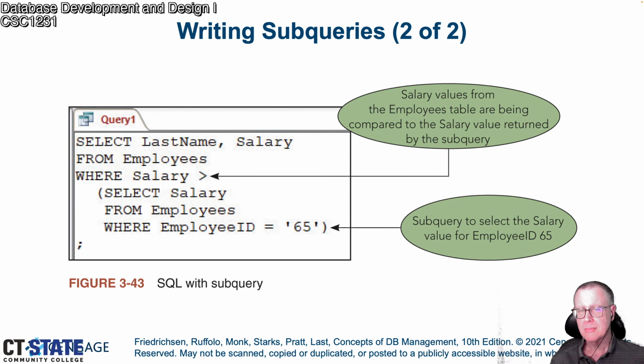So what this query is doing is trying to find all those employees' last names and their salary where their salary is bigger than employee ID 65's salary. So that's an example of using a subquery.